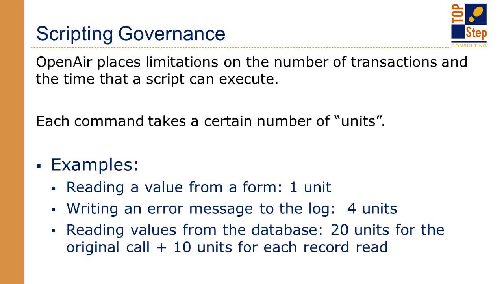Basically what they've done is they've put limits on the number of transactions and the time that scripts can execute. And the reason that they've done this is kind of like an airbag in your OpenAir system. Basically what they're doing is they're preventing you from killing yourself in terms of your data integrity, in terms of your performance. They've put limits on this so that you don't damage your own instance and you don't hurt your own users.